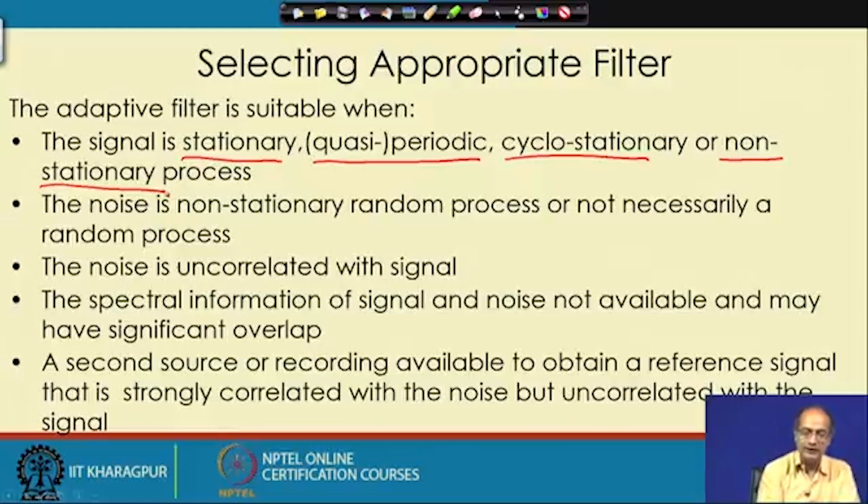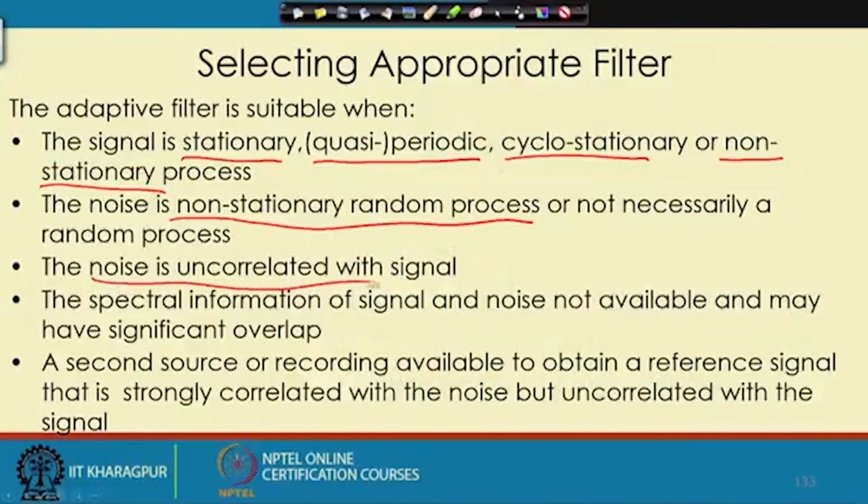In the same way, the noise can also be a non-stationary random process. Not only that, it could be stationary also, and if it is not a random process, if it is deterministic noise, then also we can go ahead with this technique.